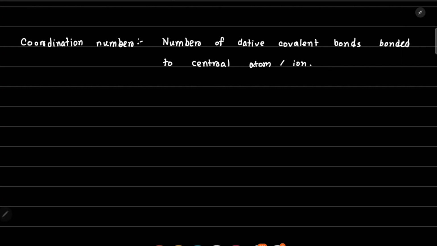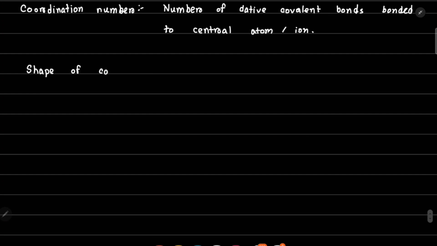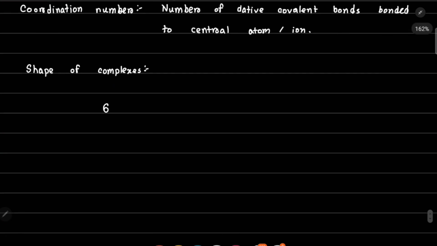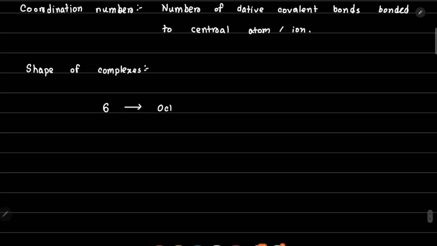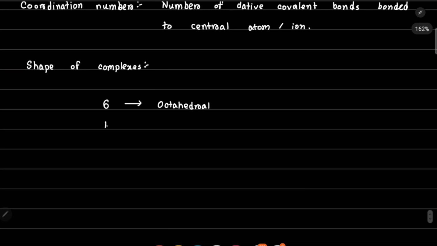And the shape of the complex depends on the coordination number, so we'll have to learn about that as well. We only learn about 3 different coordination numbers in our syllabus, 6, 4 and 2. If the coordination number is 6, the shape is octahedral. If the coordination number is 4, the shape is tetrahedral.